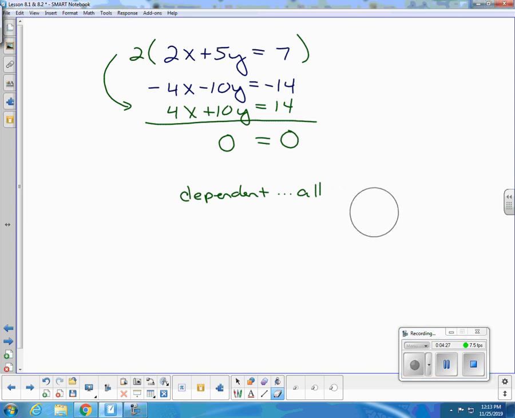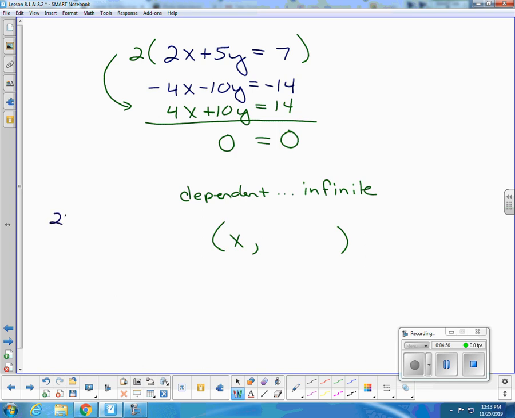Okay, let's say there's infinite solutions. Okay, it's considered a dependent system, infinite solutions. And then on Math Excel, they're going to say x, comma, and then you need to fill in the y. So for any point, just take one of the equations, it doesn't matter, and solve for y.